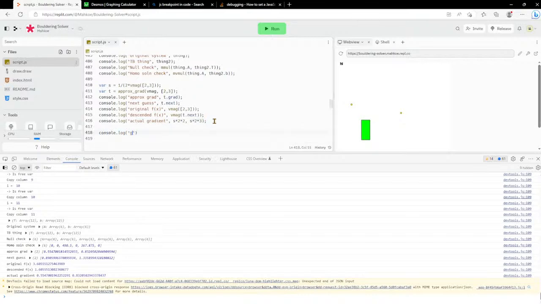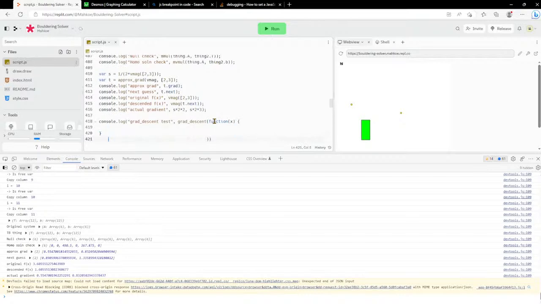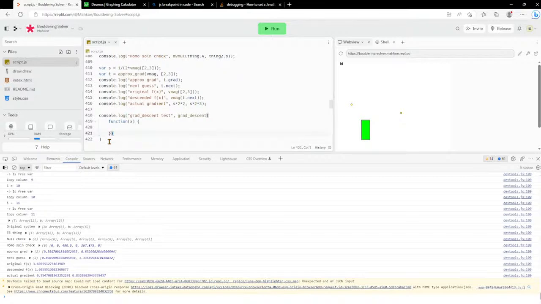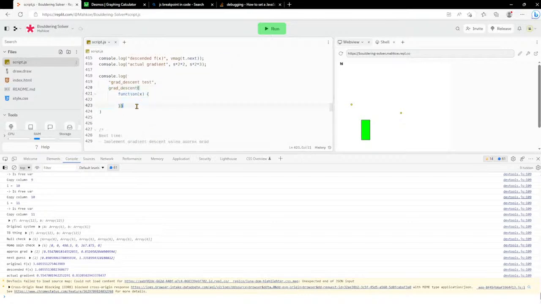console.log descent test, gradient descent of, start it at, I don't know, 2, 3.